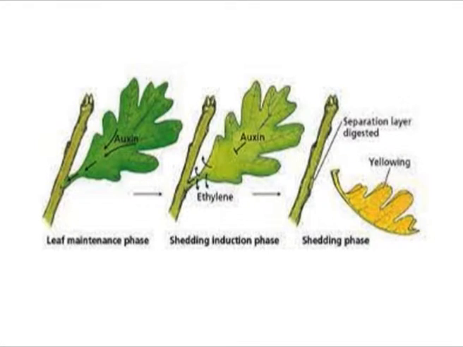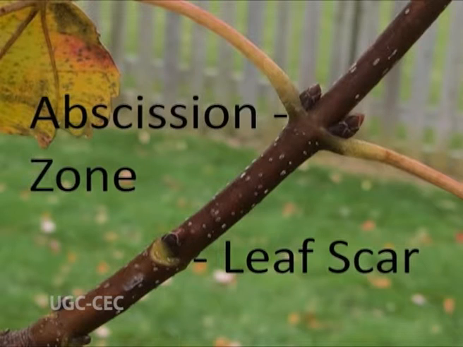Abscission, or shedding of mature leaves, flowers and fruits, takes place in a specific layer of cells called the abscission zone. In this zone, cell walls of the abscission layer are weakened by wall degrading enzymes like cellulase and polygalacturonase.